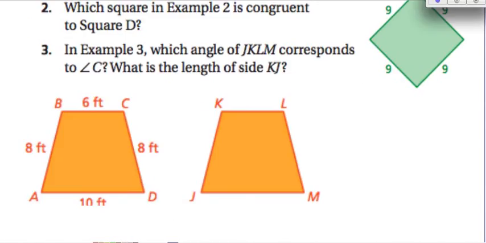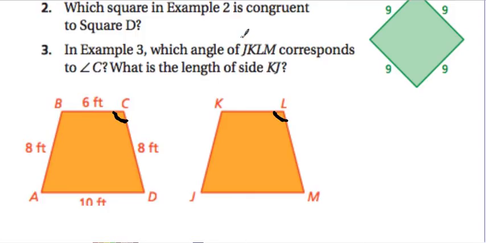The next problem, problem 3, says in example 3, and so I went and grabbed our trapezoids from example 3, which angle of JKLM corresponds to angle C? So you can see angle C up here on the top right, and because these are oriented or turned the same way, angle L is the one that's going to correspond.